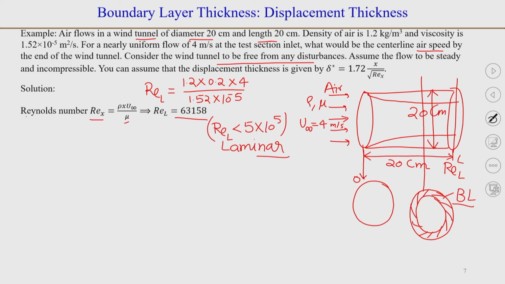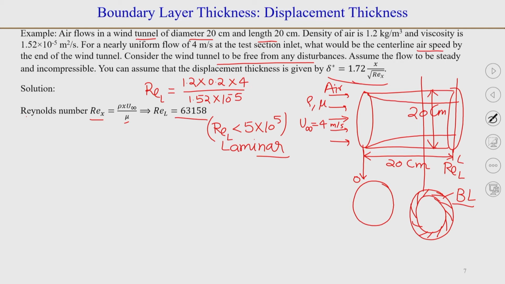We could obtain it using the formula of delta, which for a laminar case is delta by x equal to 5 divided by root Rex, and substitute it in the formula that we just derived for displacement thickness, but we have been given it directly. So, we could use it here.